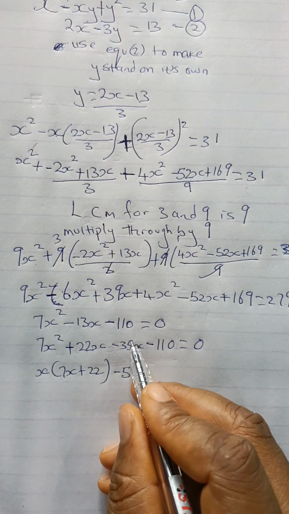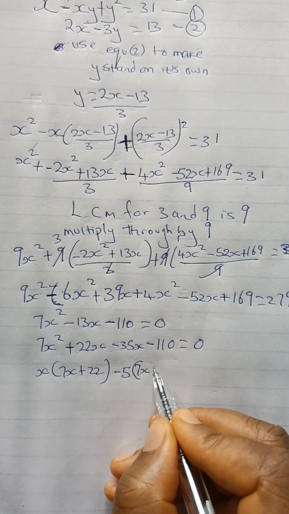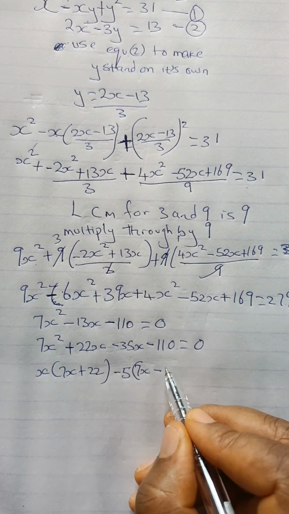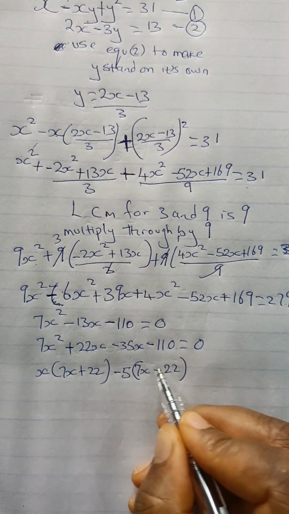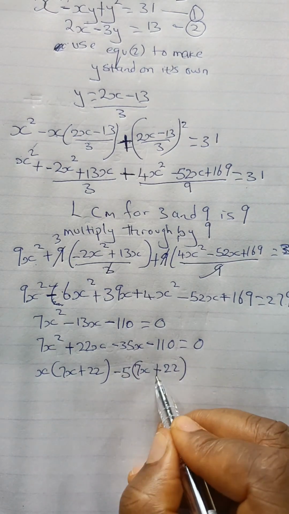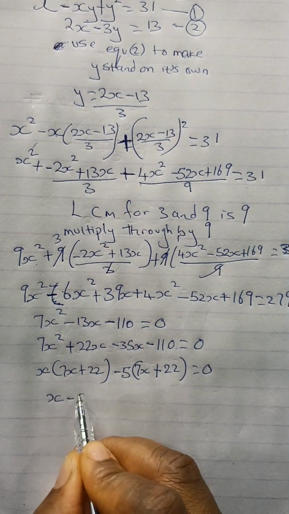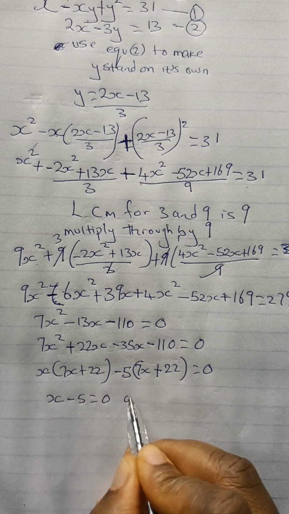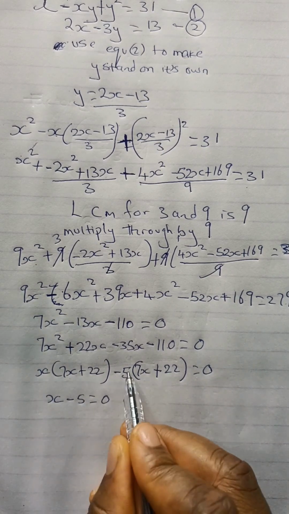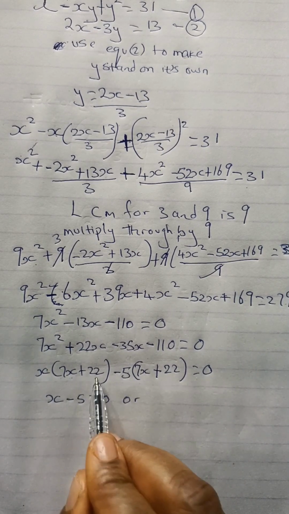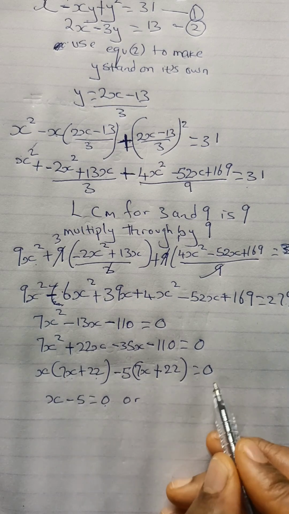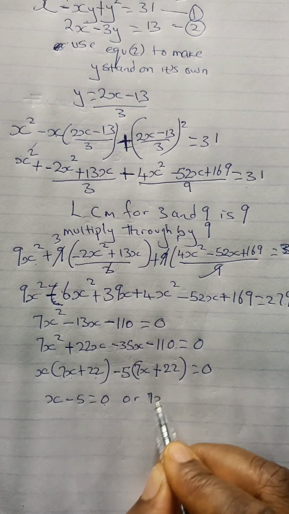And 5 times what will give us 35? 7. 5 times what will give us this? 22. Minus minus is plus, equal to 0. So now x minus 5 is equal to 0, or 7x plus 22 is equal to 0.